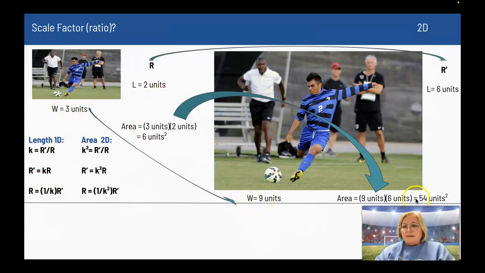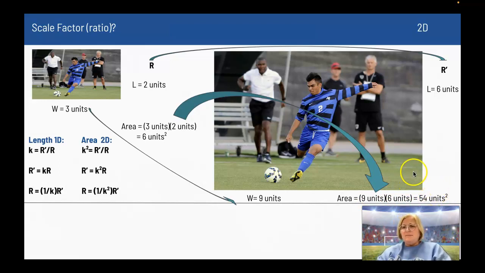Now, if I'm looking at my area, for my small original picture it is length times width, which is 3 times 2. So I get area is 6 units squared. And my area for my enlargement picture is length times width again. So 9 units times 6 units gives me 54 units squared.